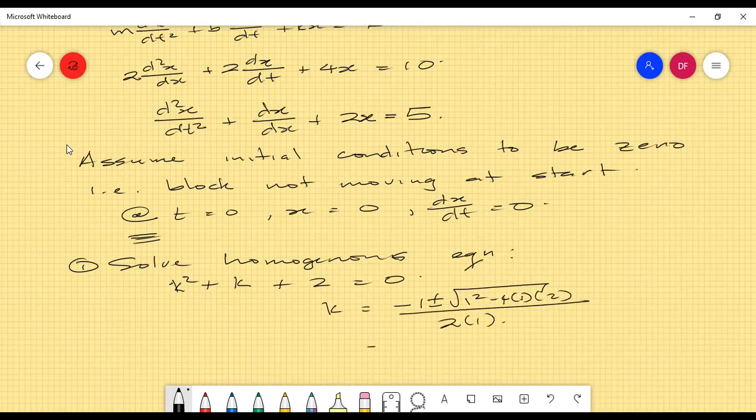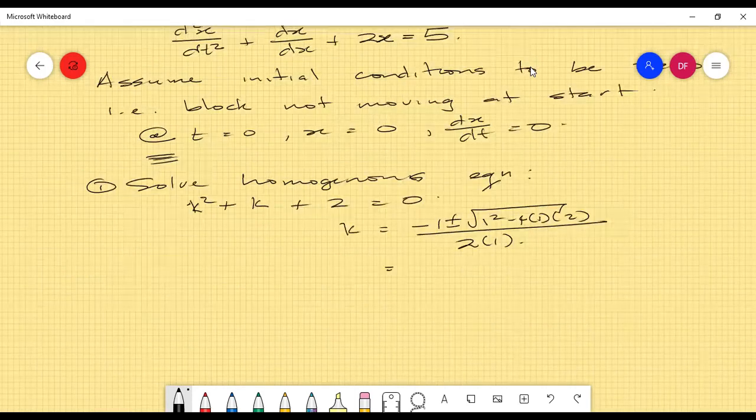So that is going to give me minus 1 plus or minus the root of 1 minus 8, which is minus 7.